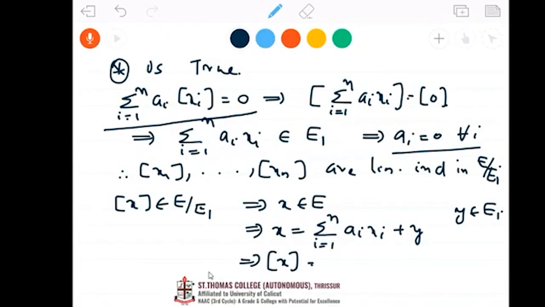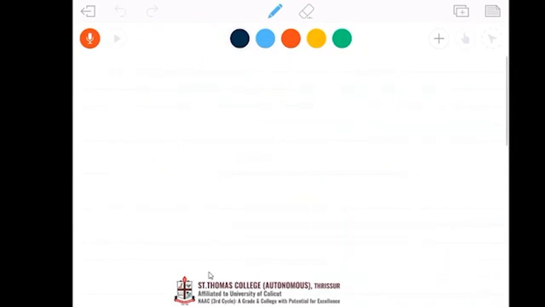Class of X will be the summation of ai class xi plus class of y. But y is in E1, so class of y is nothing but class of 0. So we get class of x equal to the summation over i equal to 1 to n of ai class xi.